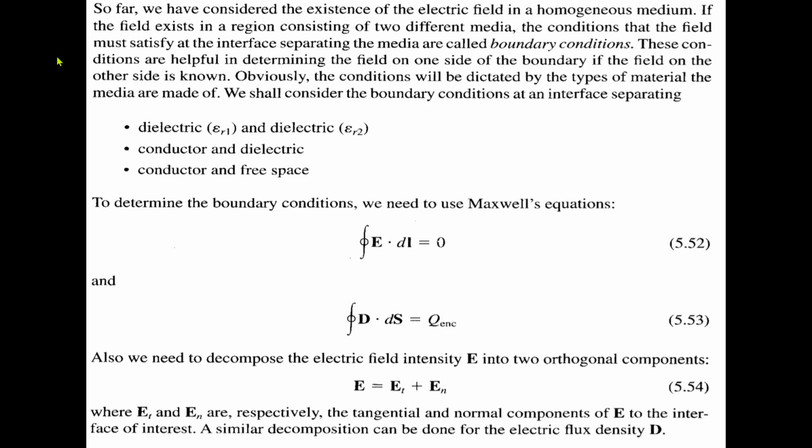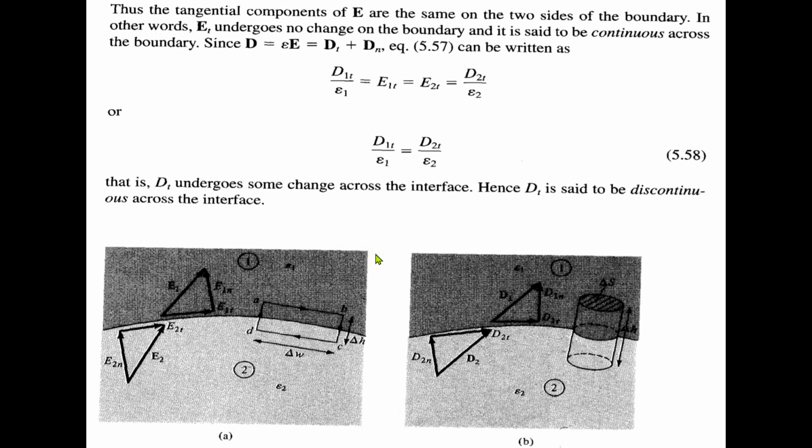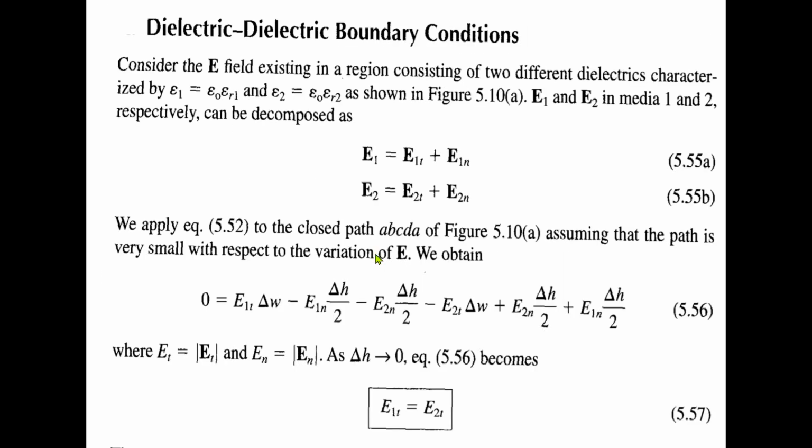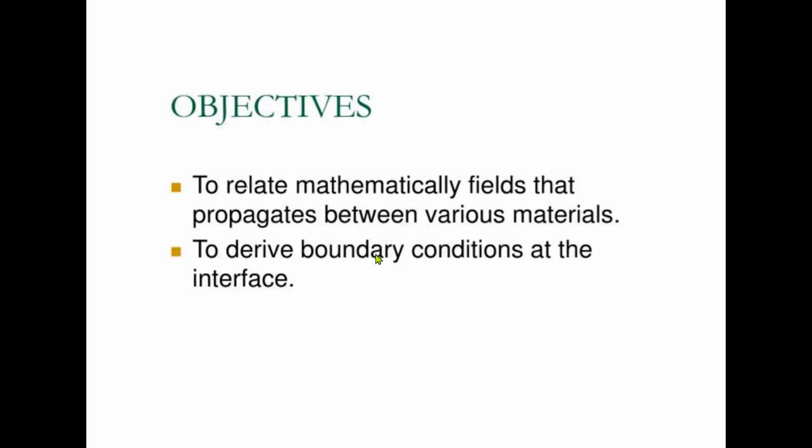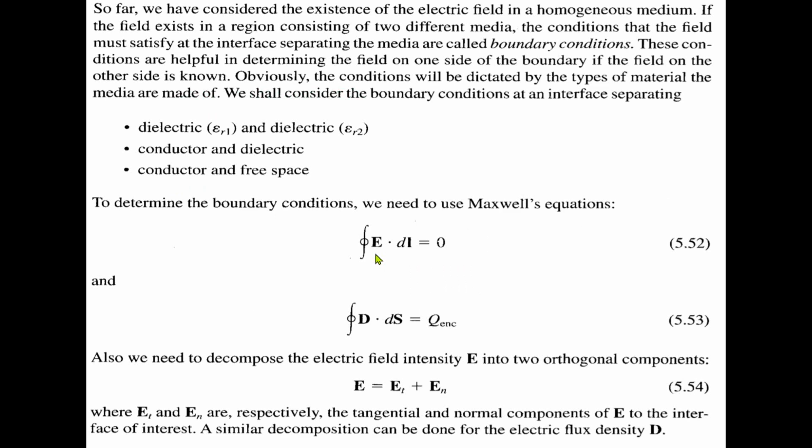To determine the boundary conditions, we have to use Maxwell's equations. Maxwell's equations can be given by the expression: closed integral of electric field E dot dl equal to 0.